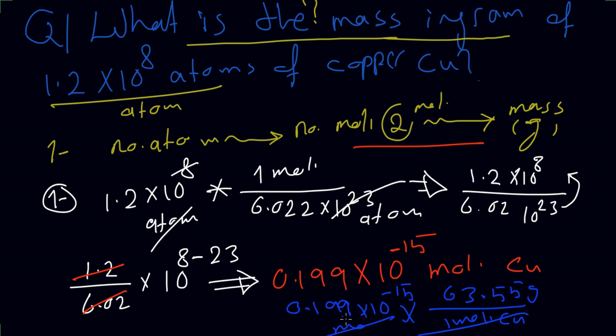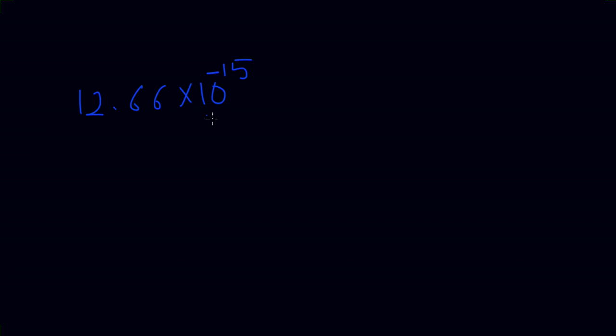Okay, this number multiplied by 63.55, the result is equal to 12.6 multiplied by 10 to power minus 15. This is our result. Just change it a little bit.